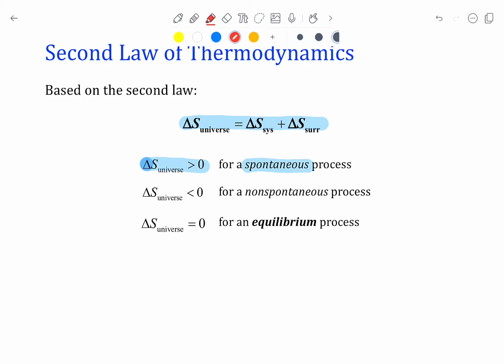If the delta S of the universe is less than 0 or negative, then it will be a non-spontaneous process. And finally, if the delta S is equal to 0, then this process is at equilibrium, which we haven't discussed yet, but we will in a future chapter.